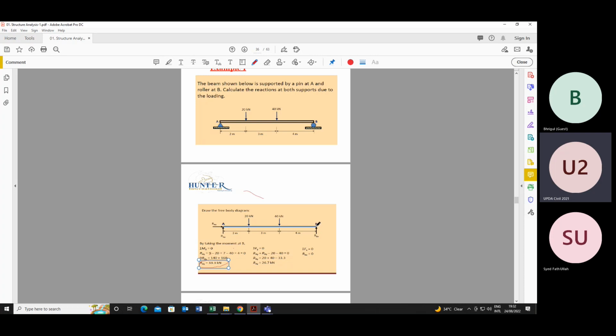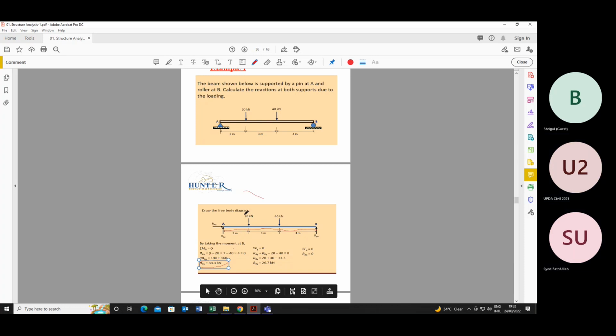Like we are taking moment about B, so bending moment will be RAY into the perpendicular distance between B and this force. 3 plus 2 plus 4 is 9. So it will be RAY into 9.